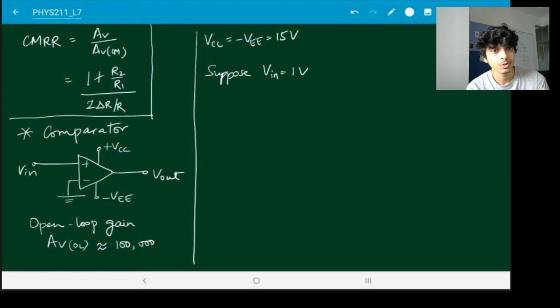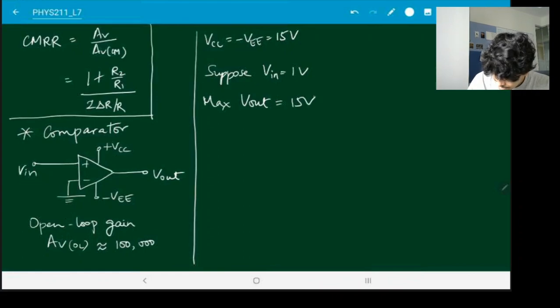So even though you are trying to increase your input voltage by a factor of 1 lakh, you are never going to get that. The maximum output voltage is going to be 15 volts in this case. We call that saturation voltage, VSAT.